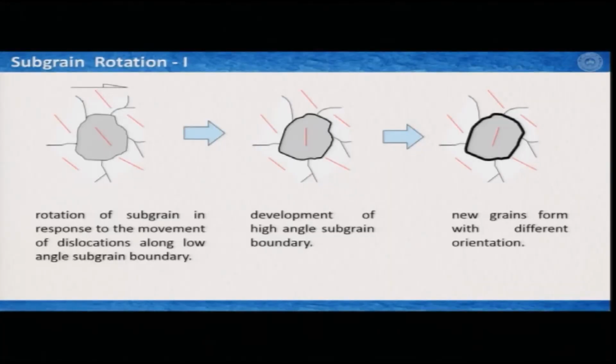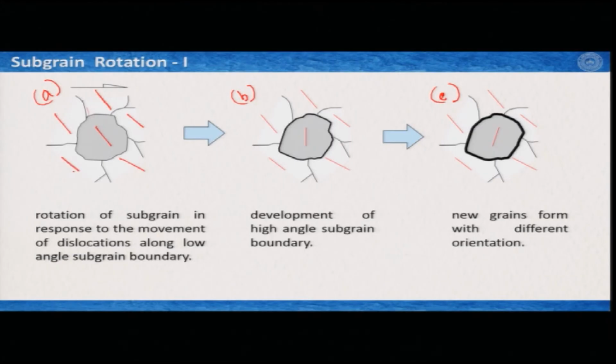Subgrain rotation is the next stage: rotation of subgrains in response to the movement of dislocations along low angle subgrain boundaries. In these 3 illustrations, let me mark again A, B and C. What do we see in A? These black lines are certainly grain boundaries, but these red lines that we see here are the orientation of the grains.